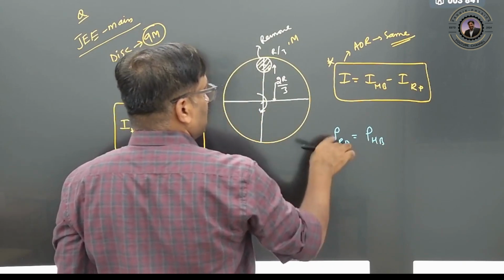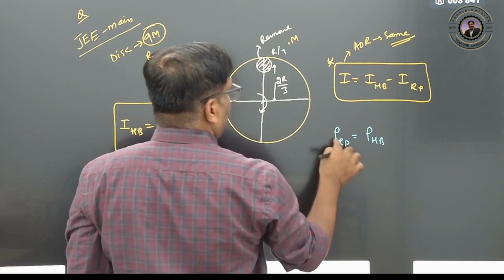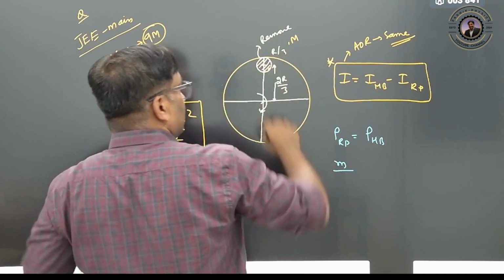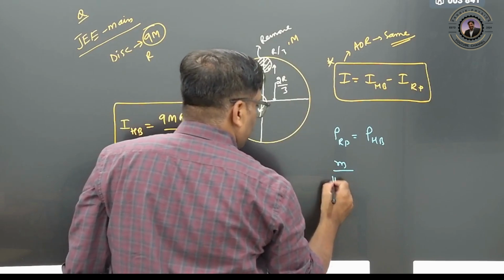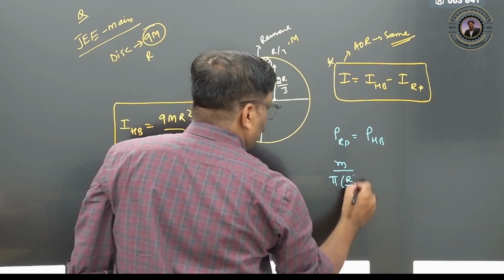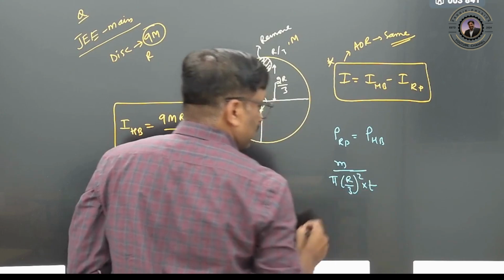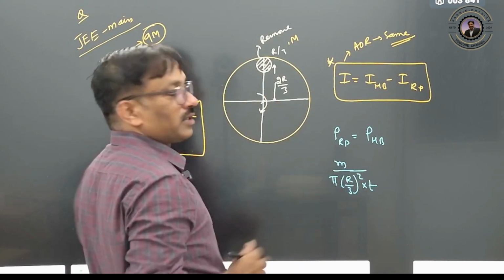So the mass of the removed part is small m divided by its volume, which is pi into r by 3 whole square into thickness, the area of cross section times thickness.